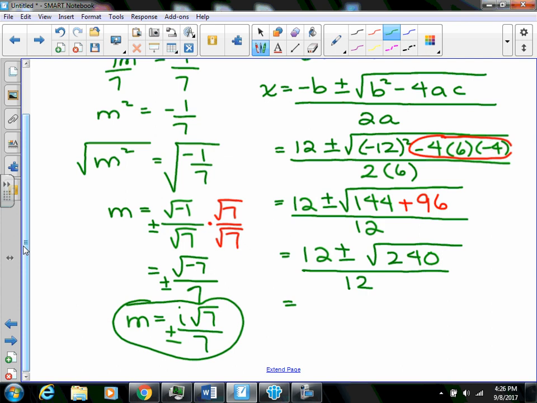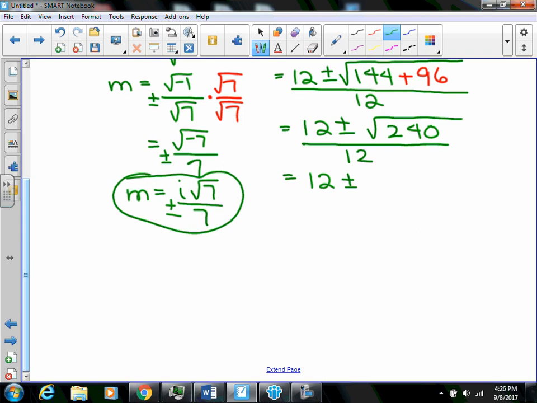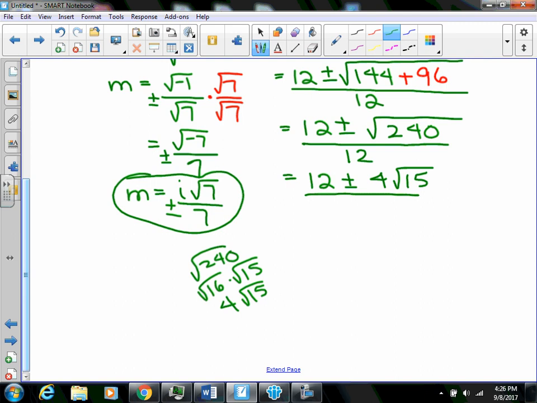So I will rewrite this as 12 plus or minus. Let me do a little scratch work here so I don't confuse you. The square root of 240 can be rewritten as the square root of 16 times the square root of 15. So that would be 4 square root of 15. So plus or minus 4 square root of 15 all over 12.